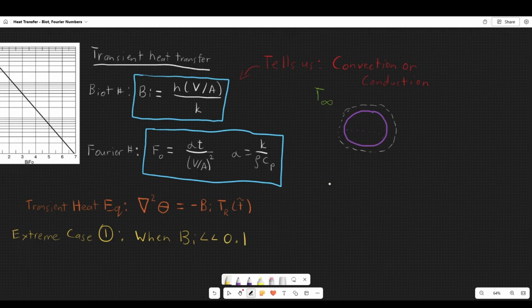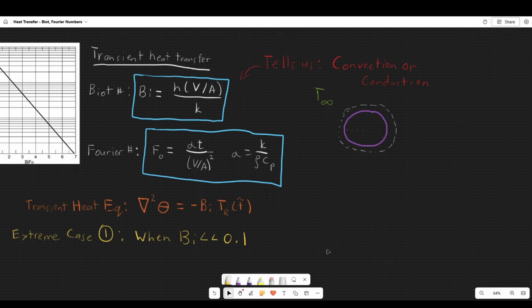What does the temperature profile look like? Well, if the Biot number is really small, that implies that the conduction is really strong. A large denominator means that this is a small number. And so conduction is going really fast compared to convection. So the main resistance would be coming from convection rather than conduction.